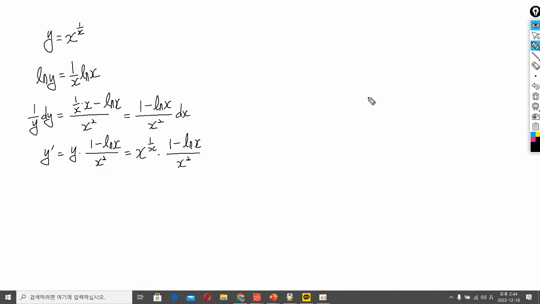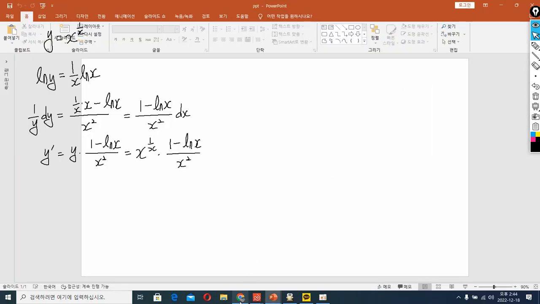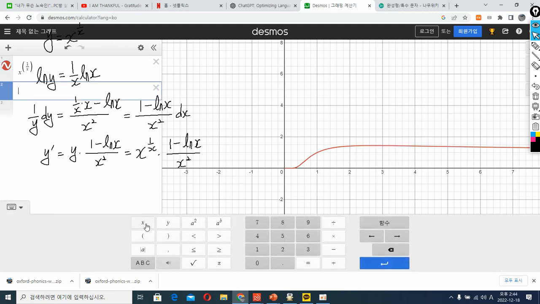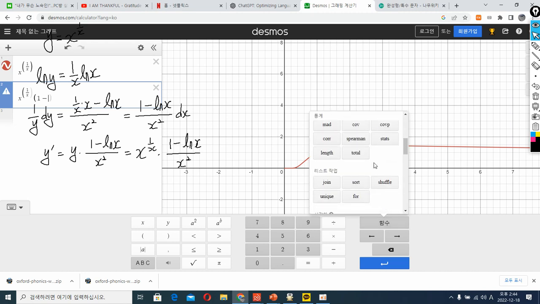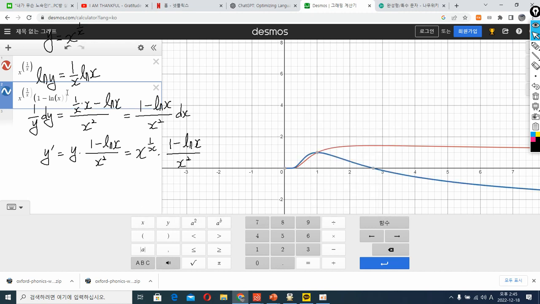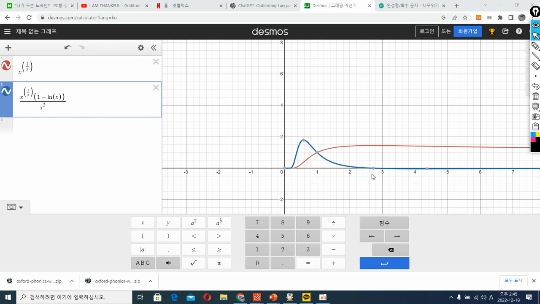If we make this graph, so this blue curve is the graph of the first derivative.